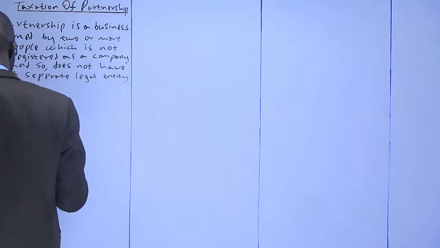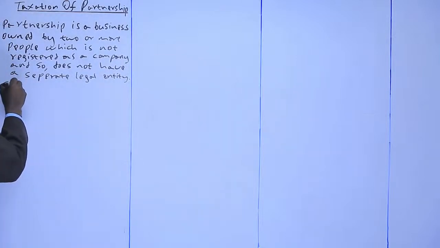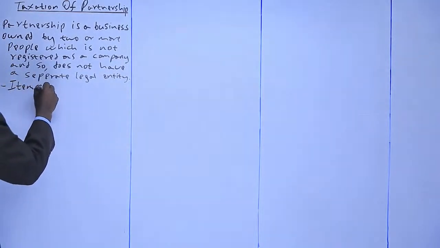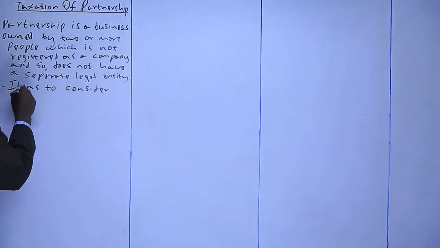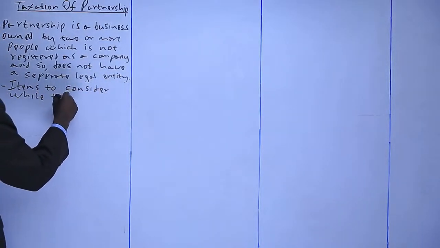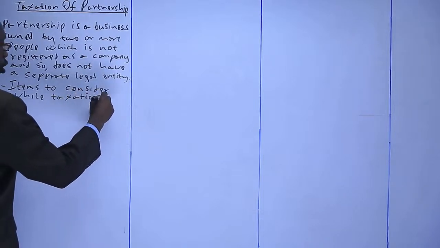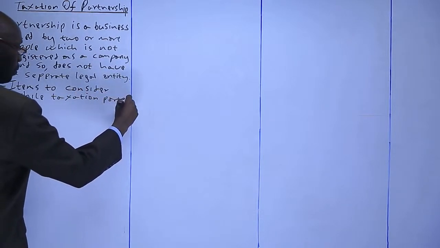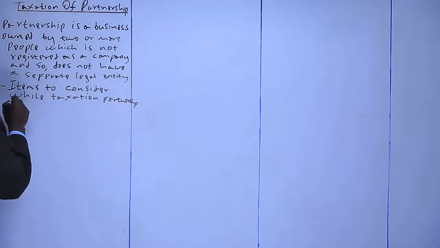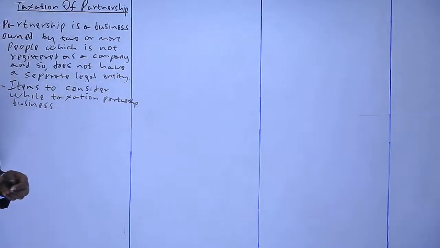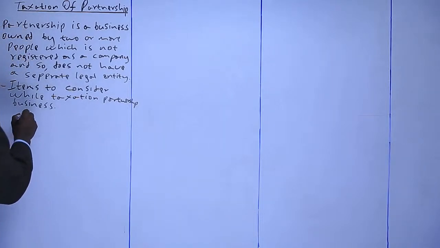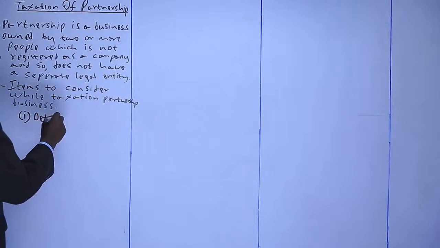So areas to consider, or items to consider, while taxing partnership business. Number one, determination of taxable income.